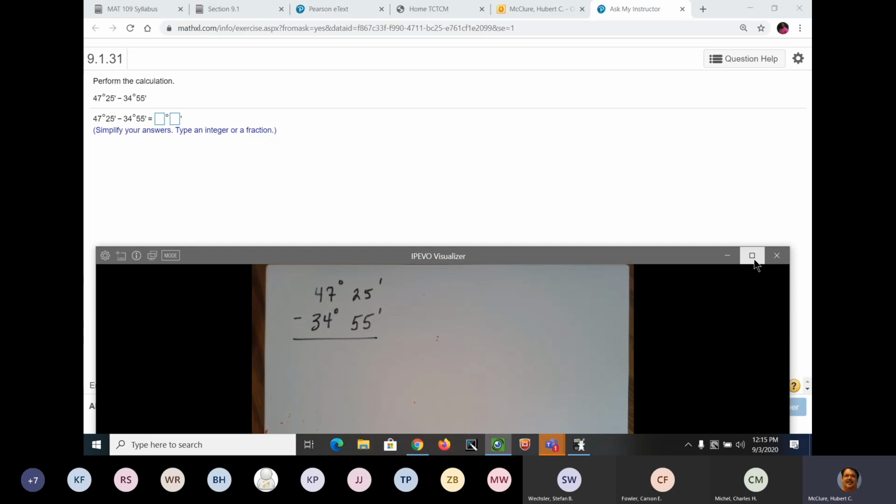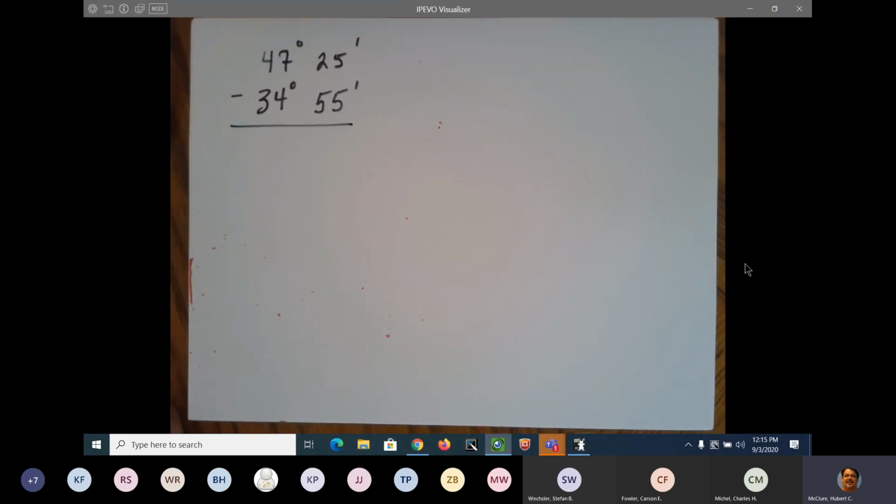Somebody tell me what the problem is. You have to convert 1 degree into 60 minutes for the 47 degrees, because the minutes for 34 degrees is larger than the minutes for 47 degrees.